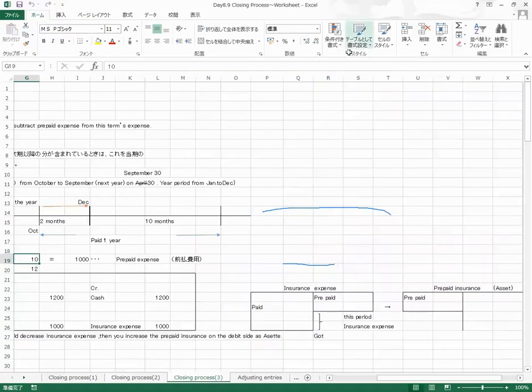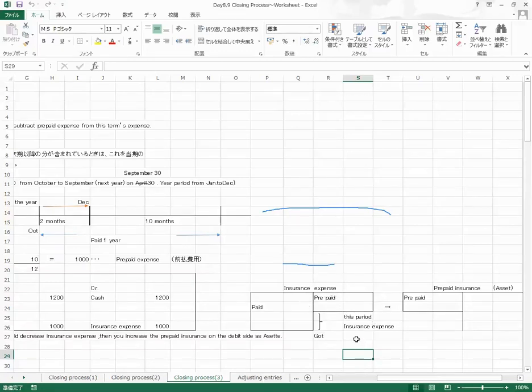So everybody can understand how to record it and also the system of the prepaid expense. Okay, thank you. If we make this a diagram, as the posting balance of insurance expense, insurance expense is paid 1,200. So prepaid is 1,000 decreased from insurance expense, changed to the prepaid insurance account. So you decrease insurance expense and increase prepaid expense.